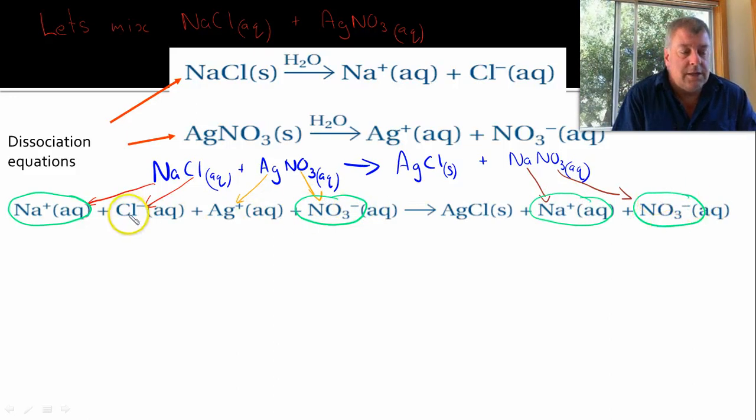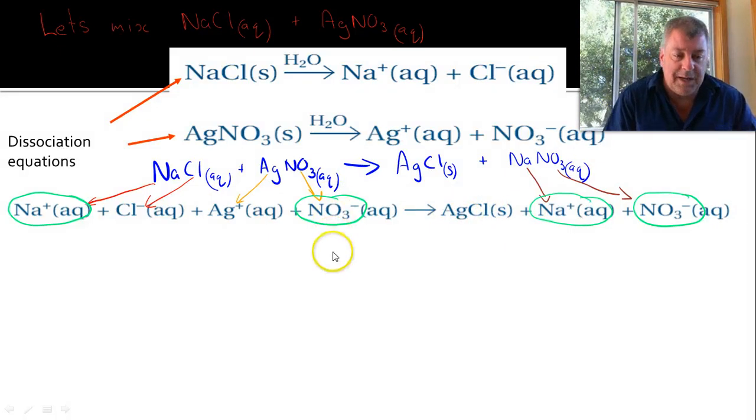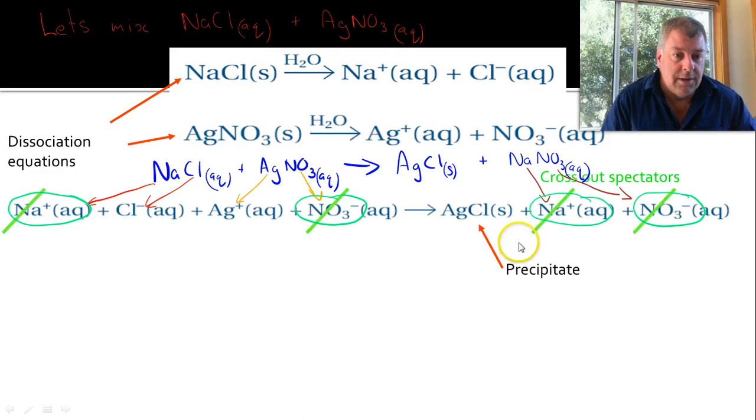The chloride is an ion over this side, but it's not as an ion on this side, so it's changed. The silver ion is an ion on this side, but not on this side, so that changes. And so we've recognized what are the spectators, the things that haven't changed, and these are circled by the green, and we cross those out. There's our precipitate. So we cross out our spectators.